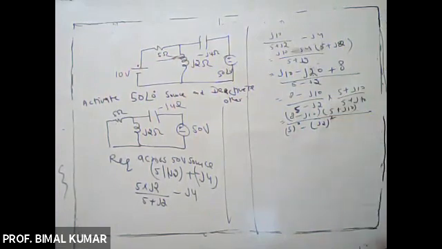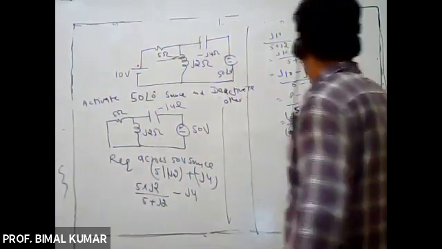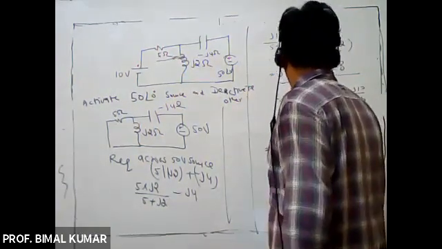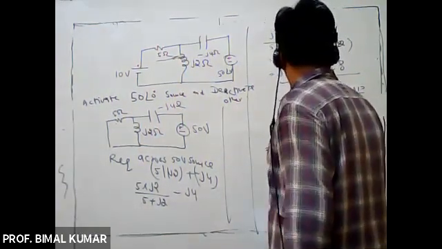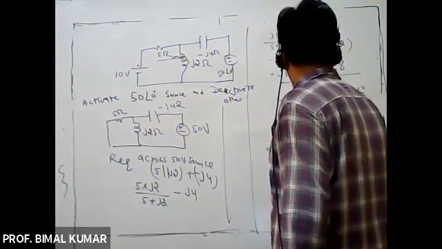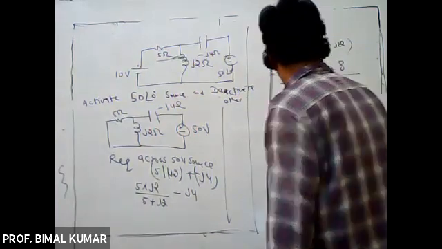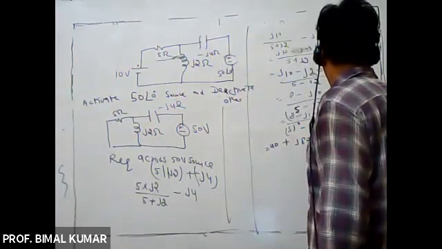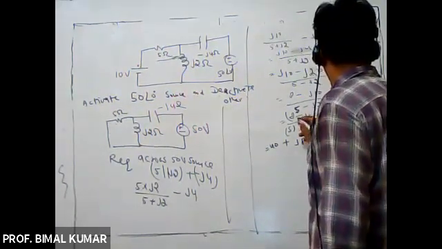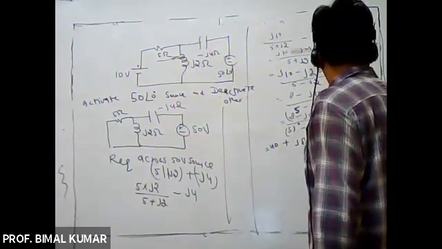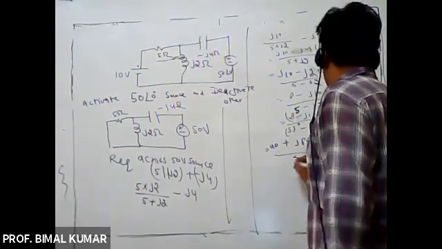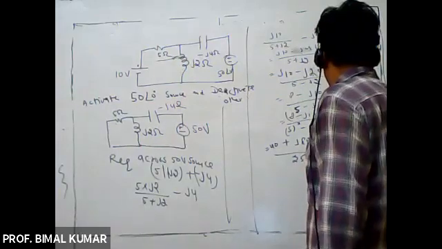You may solve it further and calculate: 8 into 5, 40; 8 into j10, plus j80; then minus j10 into 5, minus j50; j into j is minus 1, so minus minus plus 10 into 10, 100, divided by 25 plus 4.